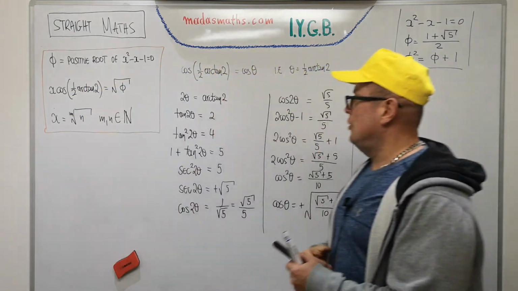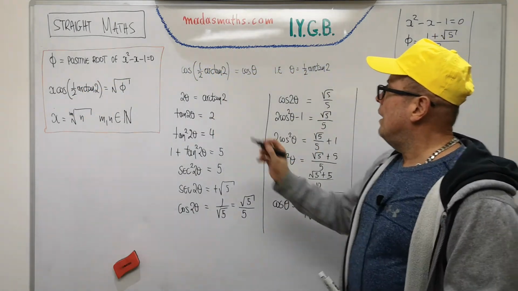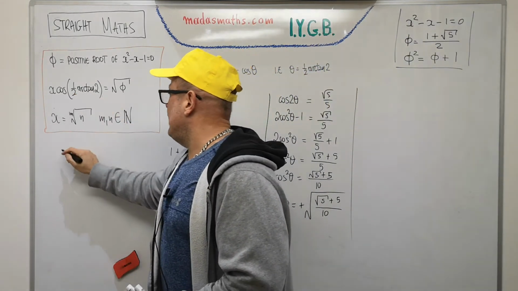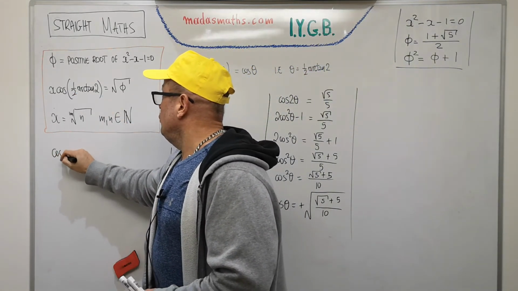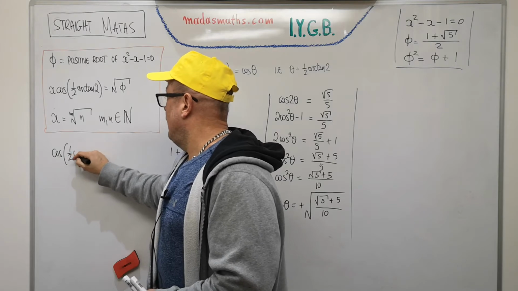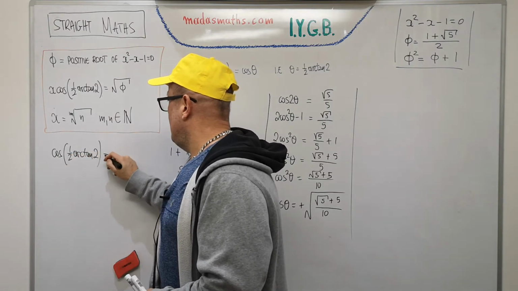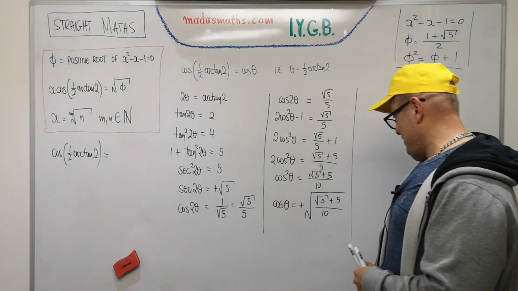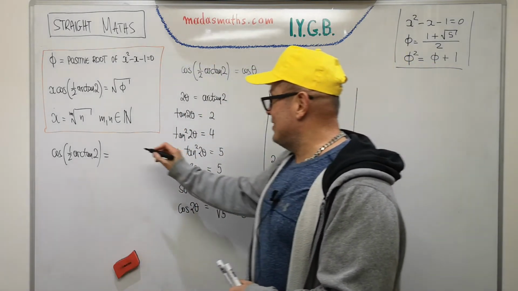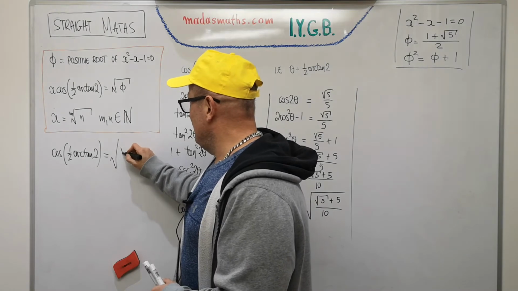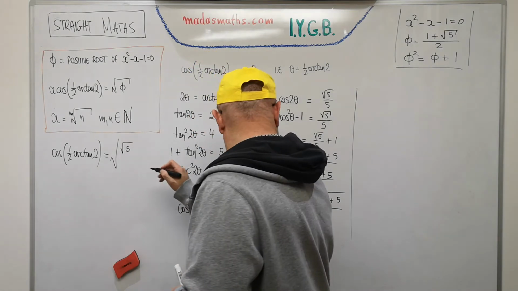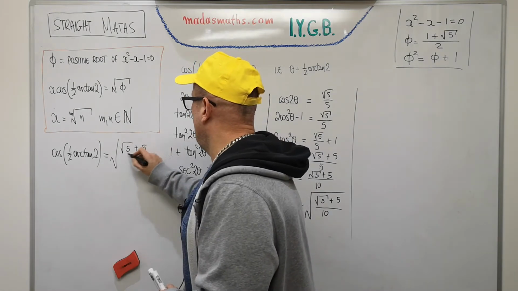So I have an expression for this, for the coefficient of x basically. The cos of half arctan of 2 simplified, if you can call it simplifying, it looks very scary, is the square root of 5 plus 5 over 10.